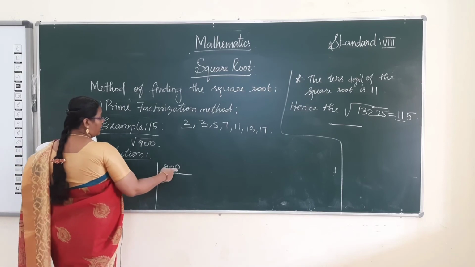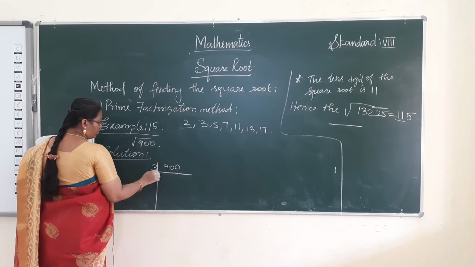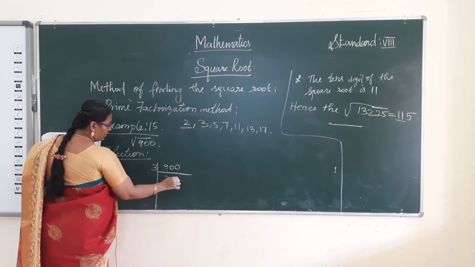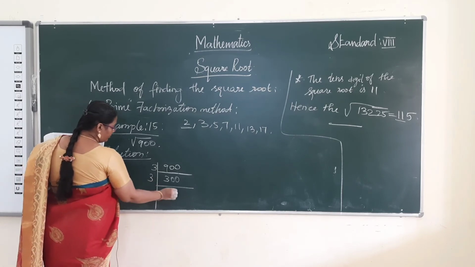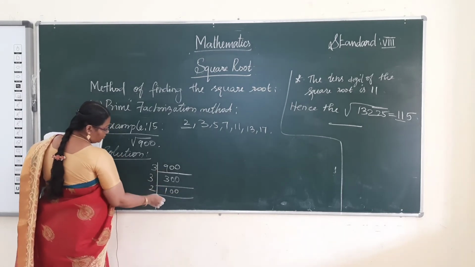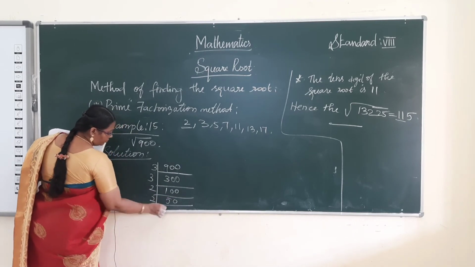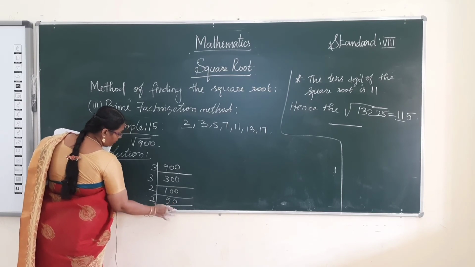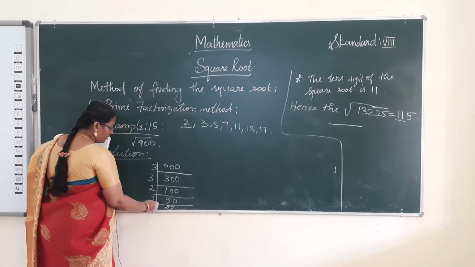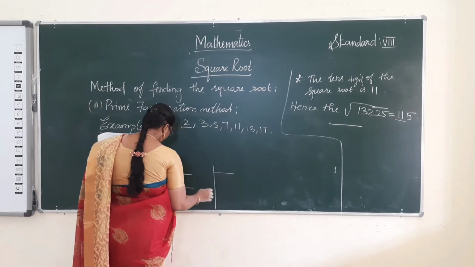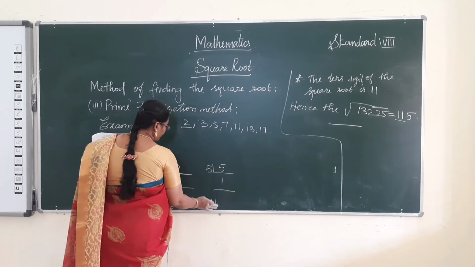So 900, we use 3: 3 threes are 9, 3 ones are 3. Now using 2: 2 fives are 10, 2 fives are 10, and 25. After the 5 table, 5 fives are 25, and 5 ones are 5.